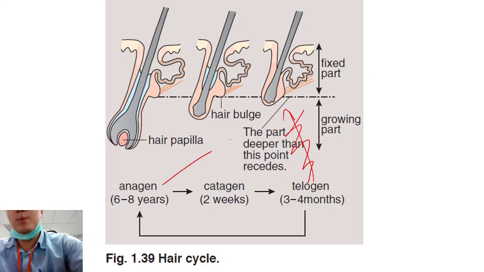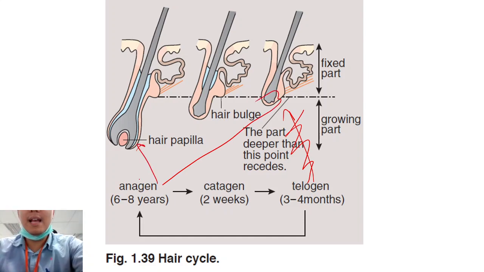If you compare, this one would be anagen and this one would be telogen, and at some point it will die. This one would be like a basal layer that actually creates the hair, and they form into the hair papilla, and all over it will become the hair follicle and hair apparatus.